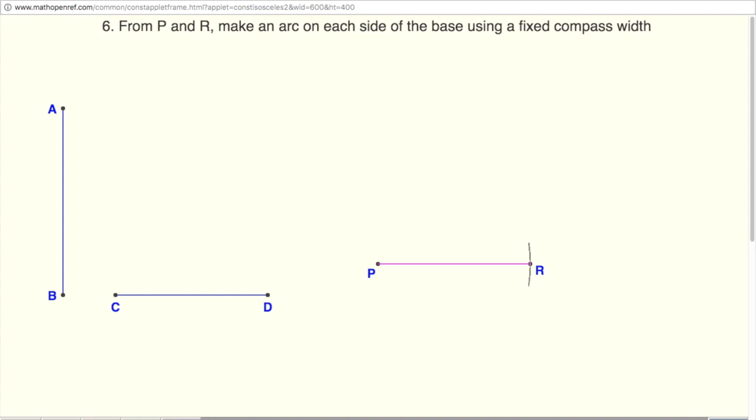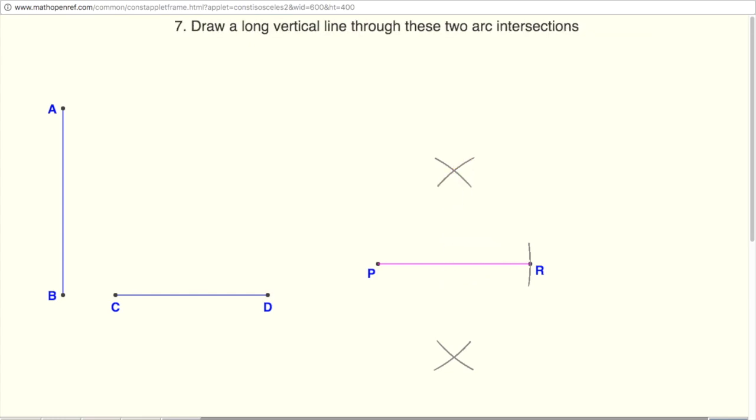Now from P and R, make an arc on each side of the base using a fixed compass width. So the same compass width, do it both above and below. Similar steps to making a perpendicular bisector.